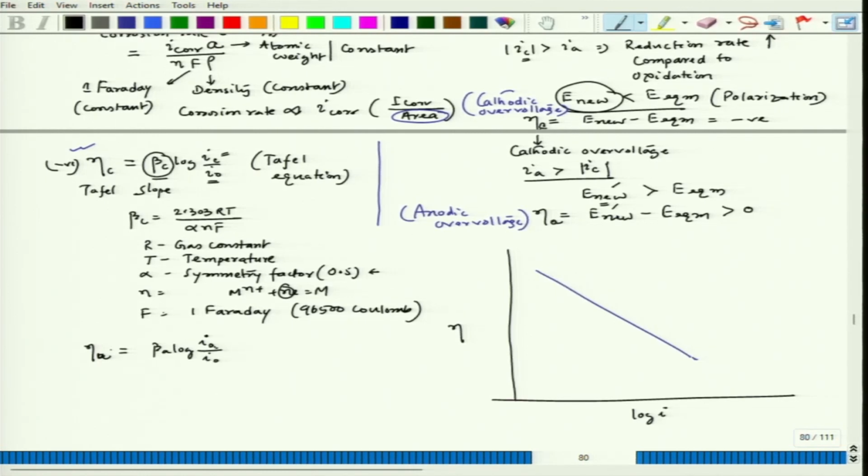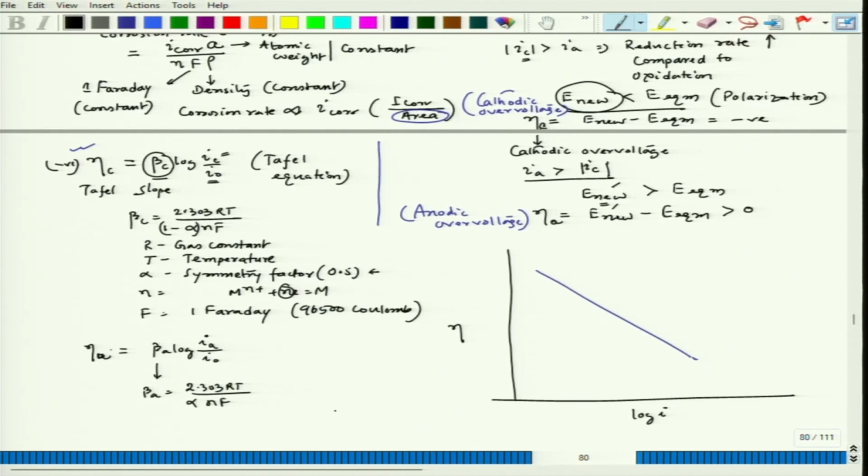And here I A is the anodic current, and this particular slope again... I think you can put 1 minus alpha here, and here you can put alpha, and you can just reverse, you can also put here 1 minus alpha, does not matter.